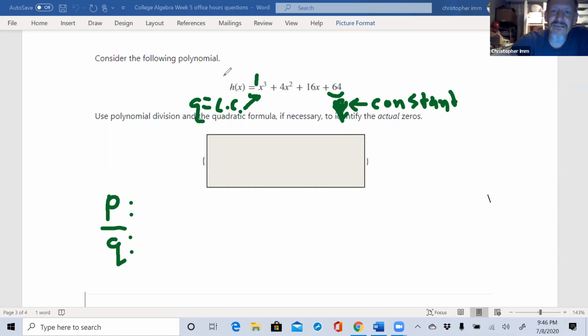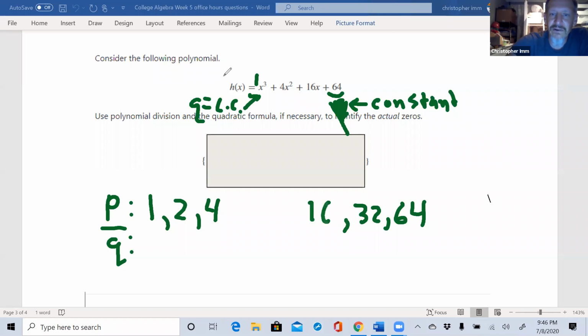So if I'm looking at my factors of P, the constant term, 64: factors of 64 would be 1 and 64. 2 goes into 64 because it's even, 32. 3 does not go into 64, but 4 does, 4 times 16. 5 doesn't, because it doesn't end in 5 or 0. 6 doesn't, because 3 doesn't go into it. 7 doesn't, 8 does, and it's really 8 times 8. So these are all the factors of P, of that constant term.